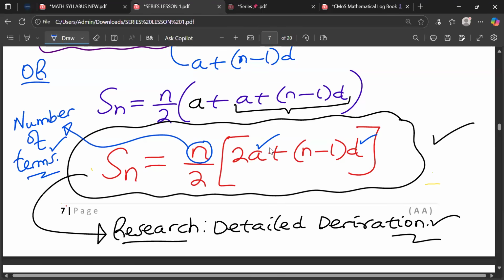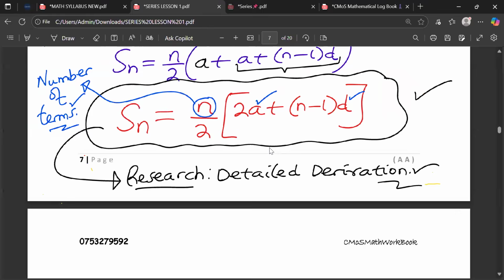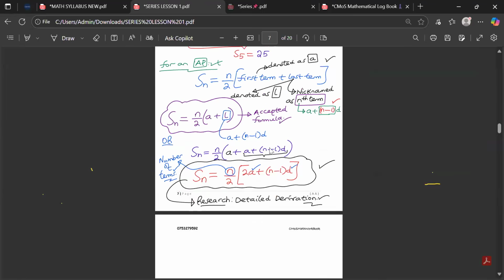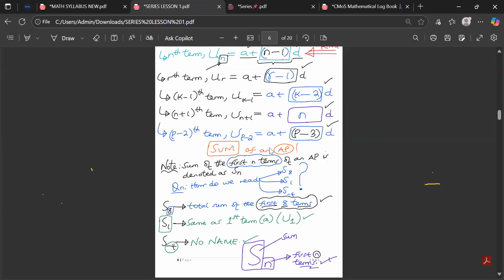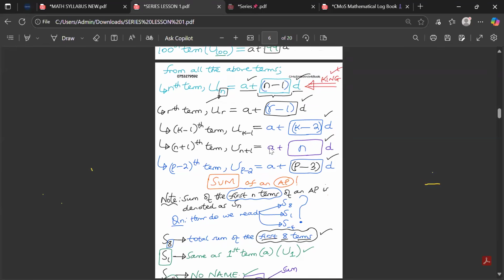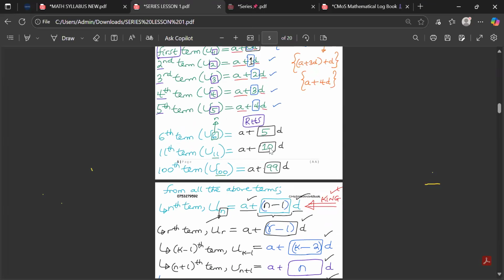Number of terms. So I really don't think there is any formula whatsoever that we are going to come across that has not been done. You even have the p minus 2th term, the k minus 1th term.